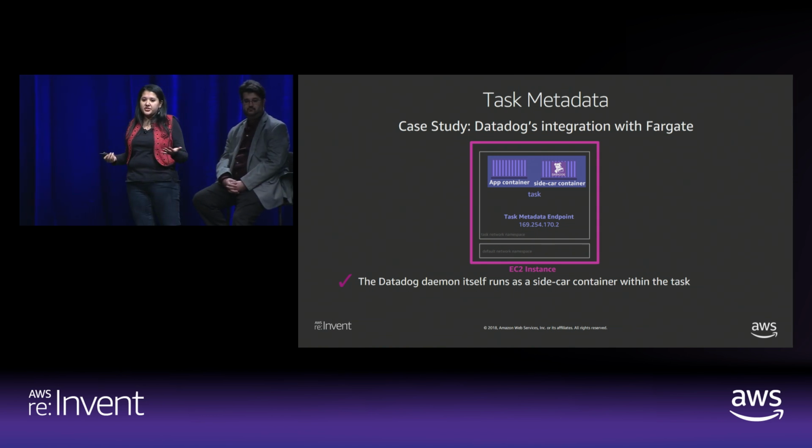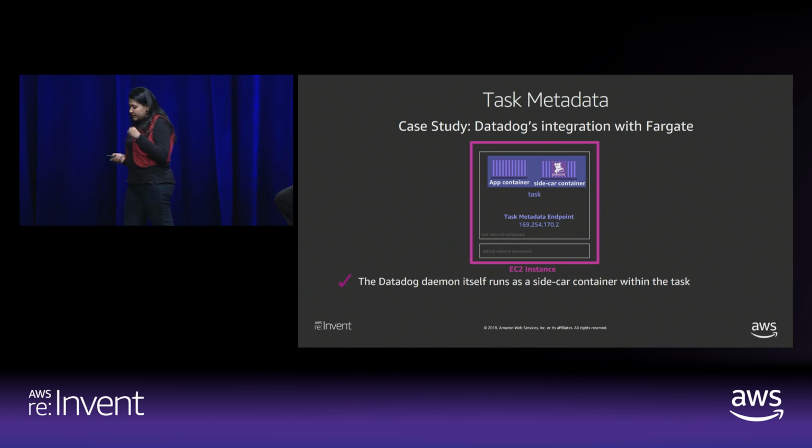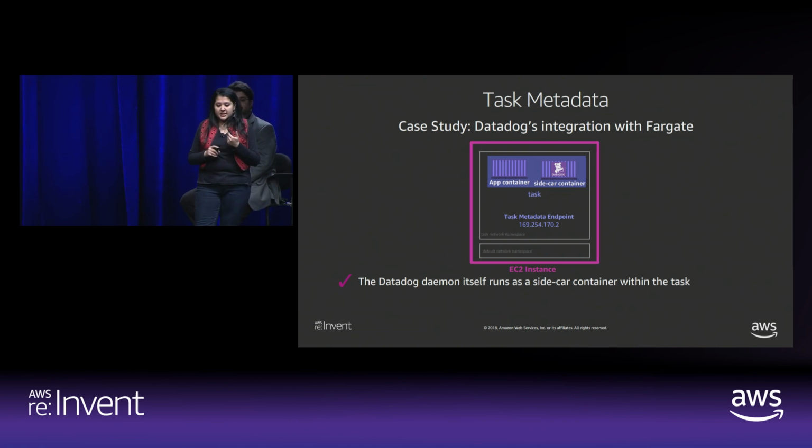I should have access to this information. And so we built a task metadata endpoint. It's a local endpoint that's available within your task network namespace that surfaces various metadata about your task, like the task ID, the IP address of your task, including Docker stats, CPU memory stats, etc.